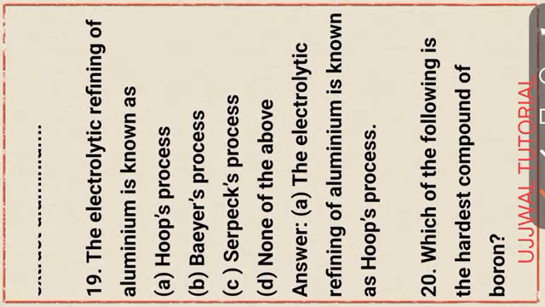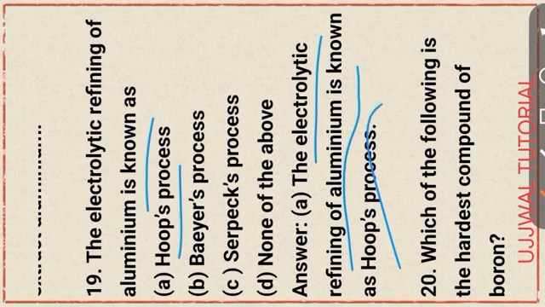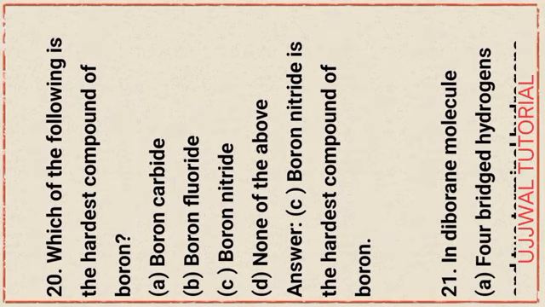The electrolytic refining of aluminum is known as option A, Hoope's process. Next question, number 20.